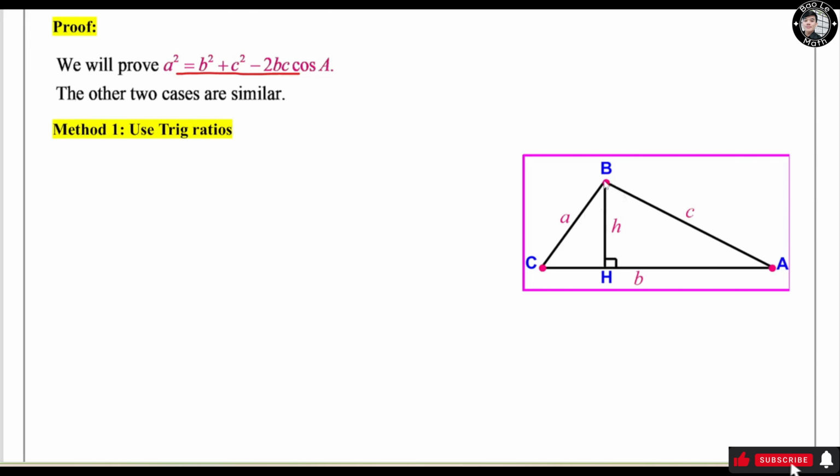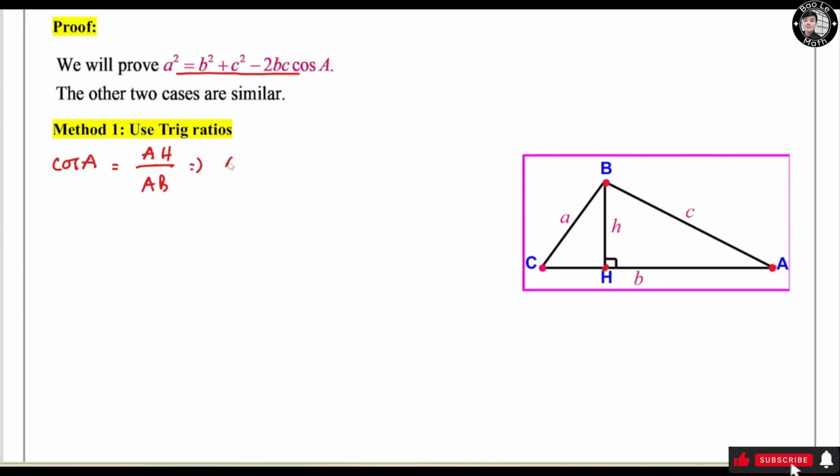Now in the triangle HBA, I have cosine of angle A equals adjacent, which is AH, divided by hypotenuse, which is AB.